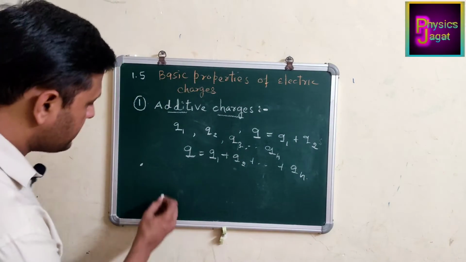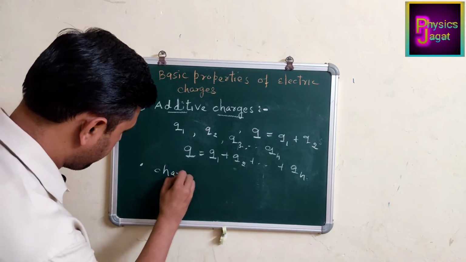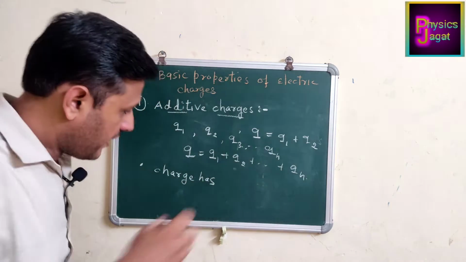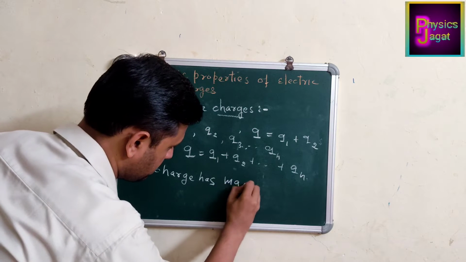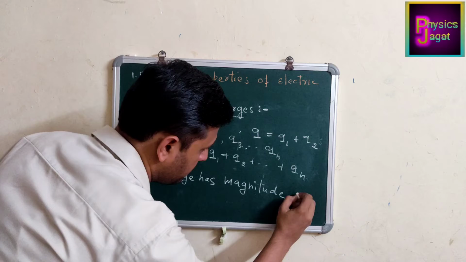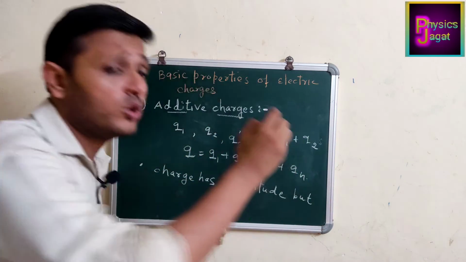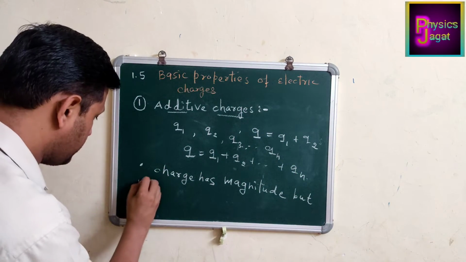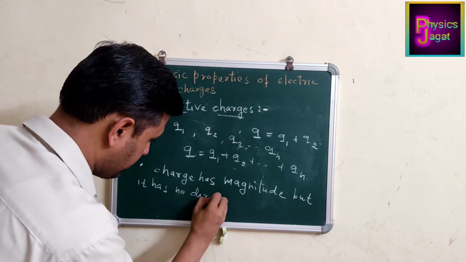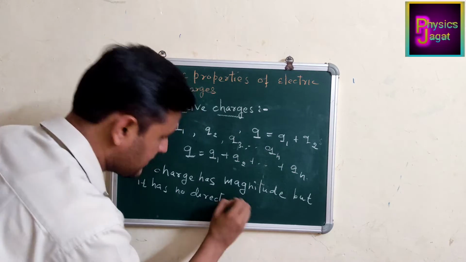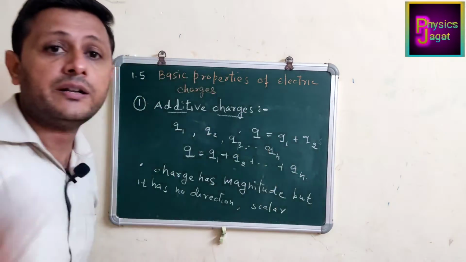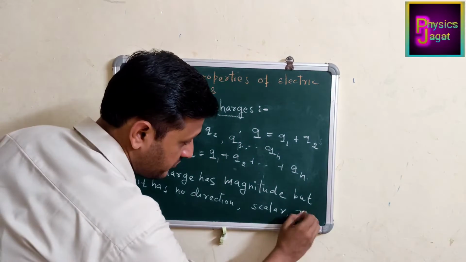So that means charge has magnitude, but it has no direction. That means charge is a scalar quantity, just like mass.